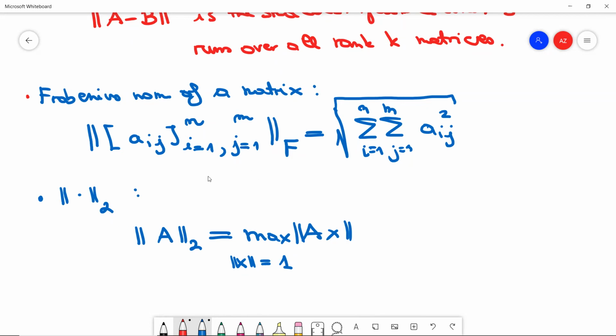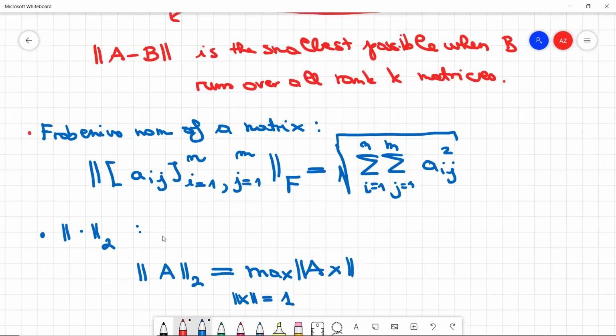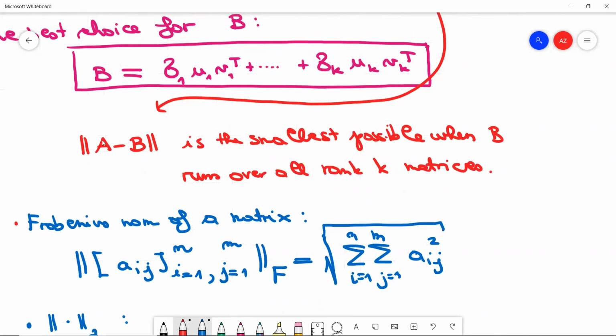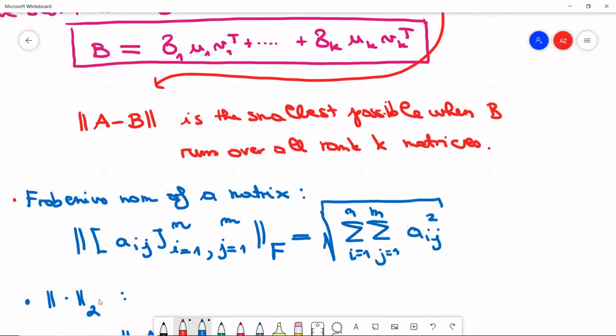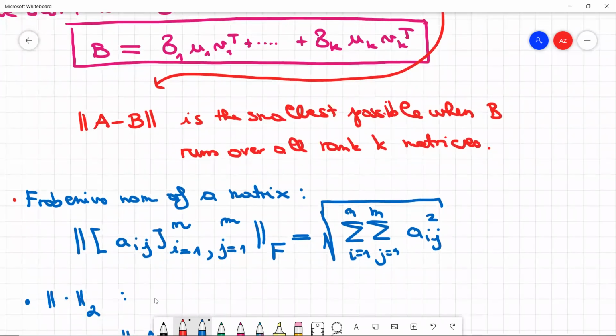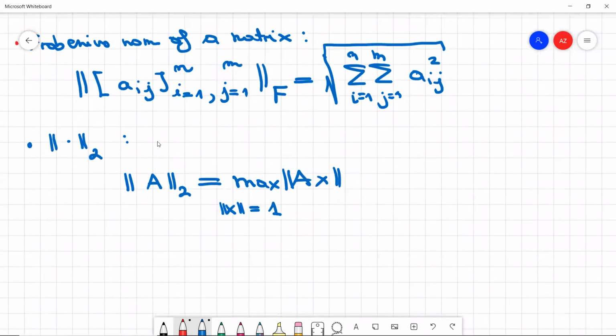It turns out that those are different norms. So this Frobenius norm and this spectral norm are different norms. But what I wrote here in red is true in both of them. It's not true for any norm that B is the best approximation of A when B runs over rank k matrices. So it's not always the case that we should take the first k singular values and corresponding rank 1 matrices, but it's true in the Frobenius and spectral norm, and this is what's usually meaningful for us.